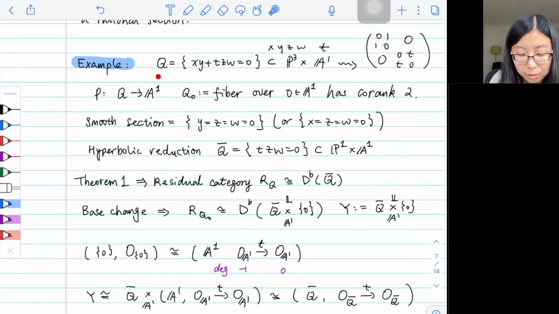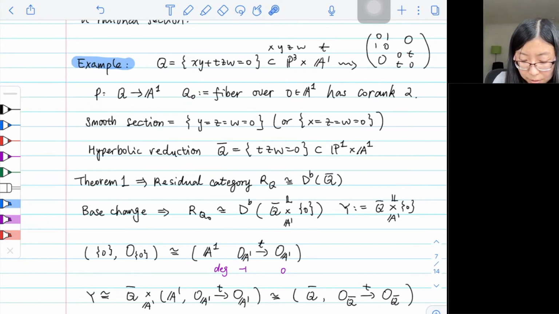So here we consider Q to be defined by xy plus tzw equals 0, where x, y, z, w are the variables of P3, and t is a variable of A1. If you write this in terms of a matrix, the xy part gives us this hyperbolic matrix, and tzw gives us this matrix right here.